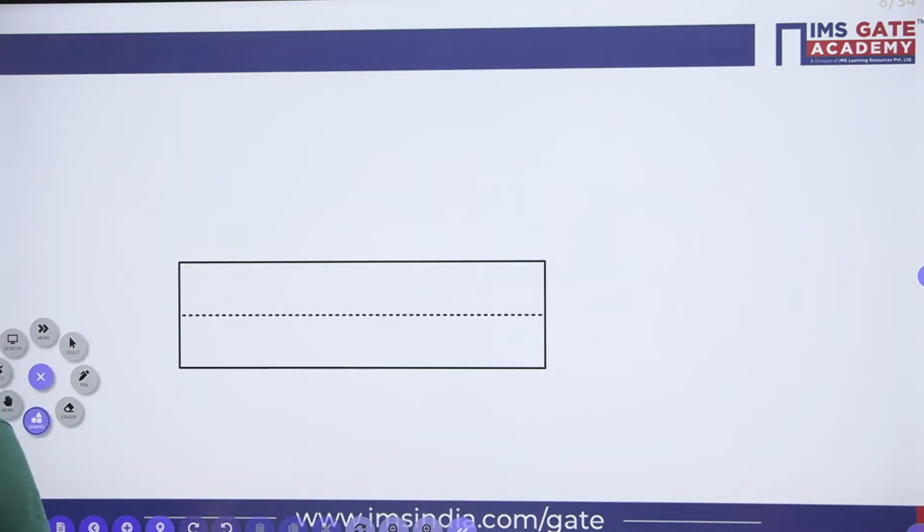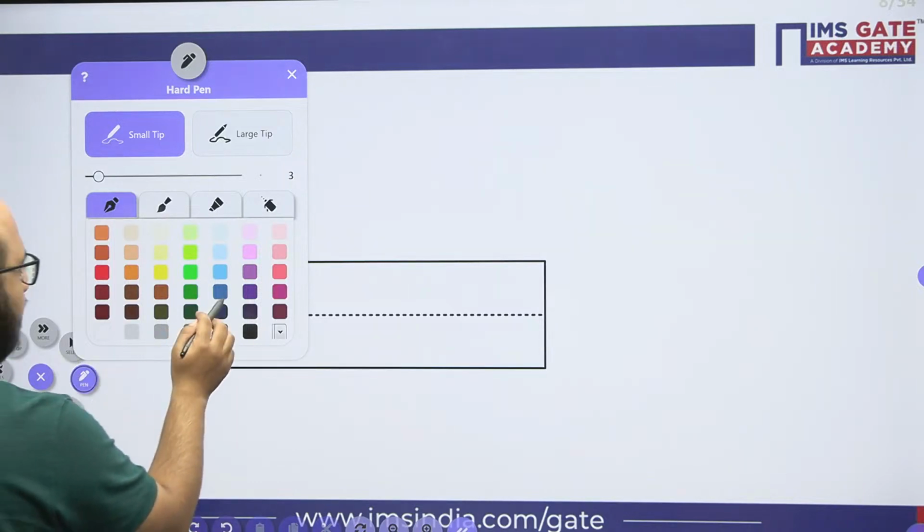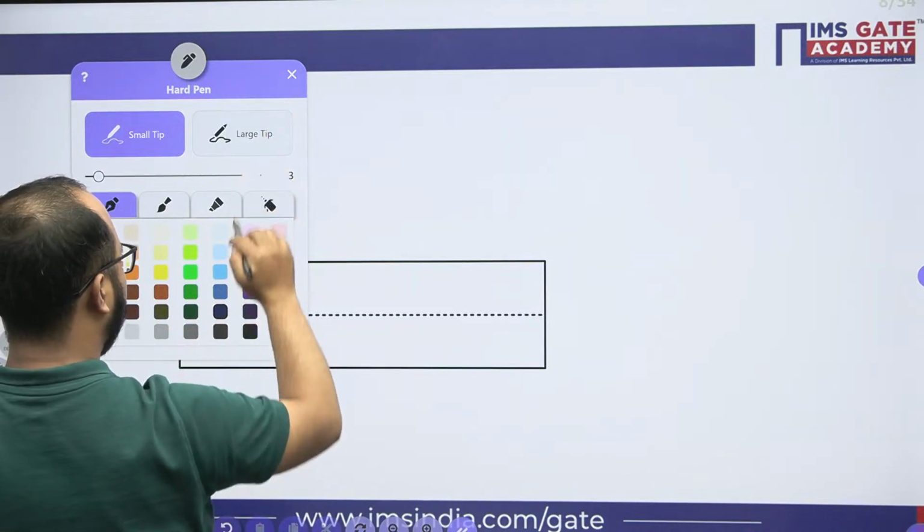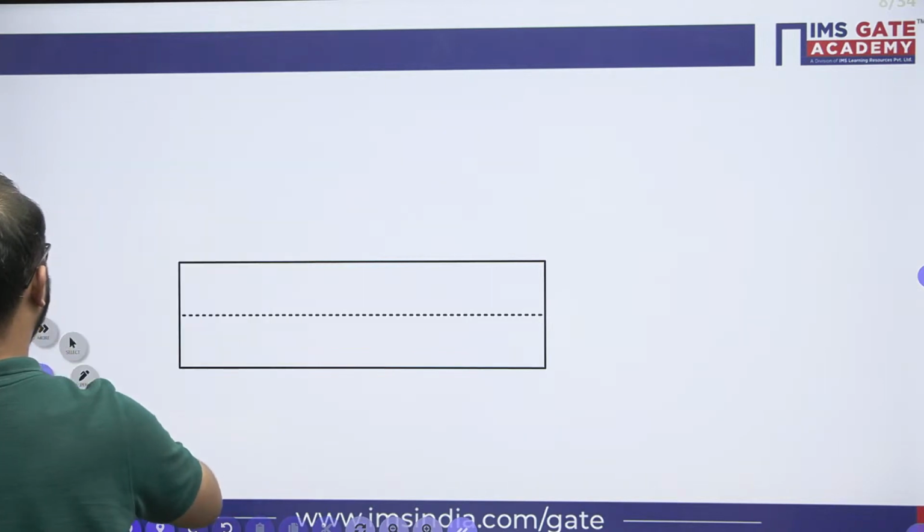Okay, now see. Now pitot tube, if I apply here, pitot tubes.